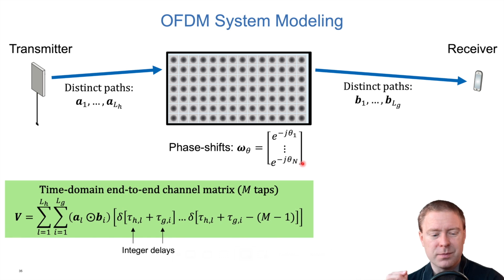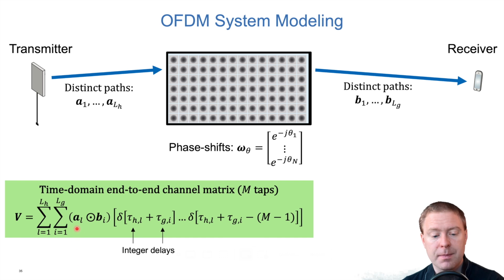So what does it mean here? Well, it means that these different paths are assumed to be received at different time instances. We are transmitting over a lot of bandwidth, we are sampling quickly, and therefore these paths are showing up at different times. So when we are determining our time domain end-to-end channel, there will be multiple taps on it.